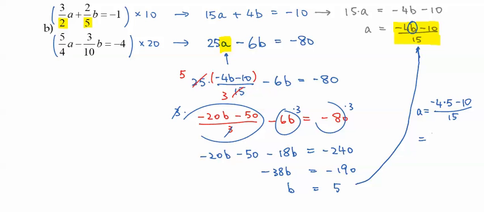Negative 4 times 5 will be negative 20. Negative 20 minus 10 will be negative 30. As you divide it by 15, that will give us negative 2 for a.